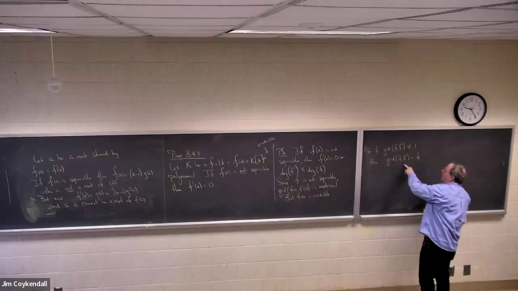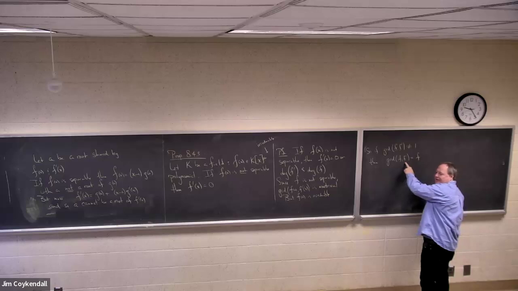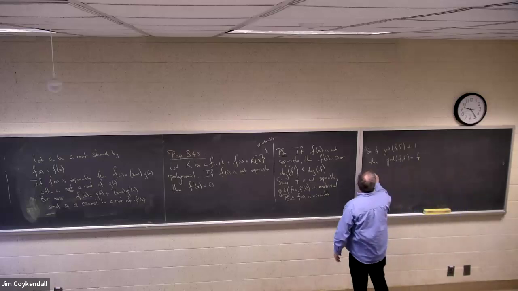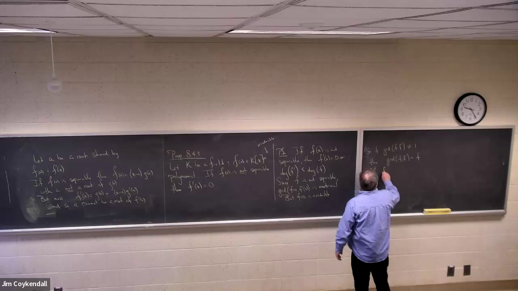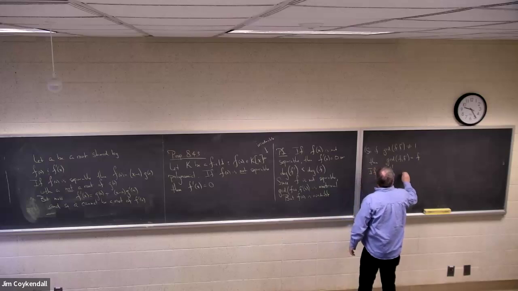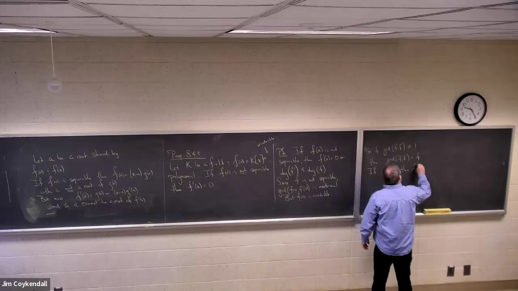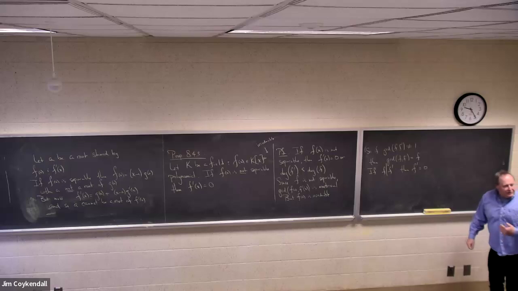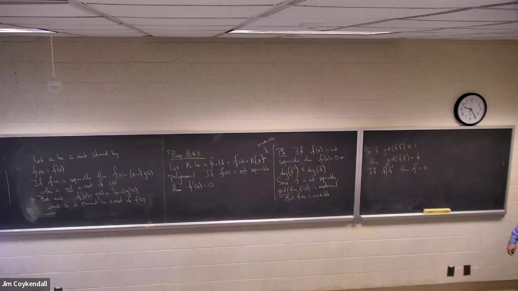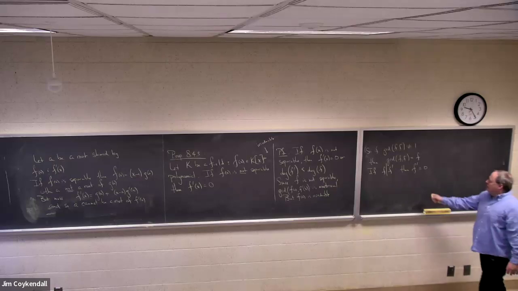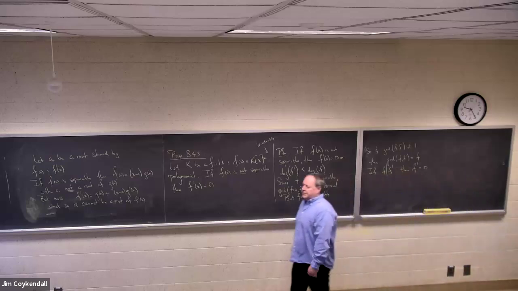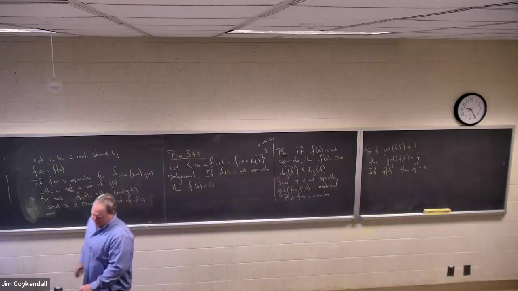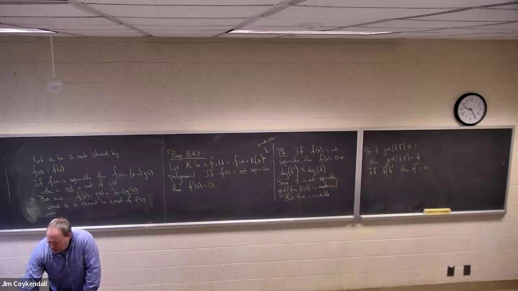So if the GCD is not one, it has to be f itself. But then the derivative has to be zero, because if it's not zero, then it's got a smaller degree, and f divides it, which is ridiculous. So the derivative has to be zero. Okay, questions?